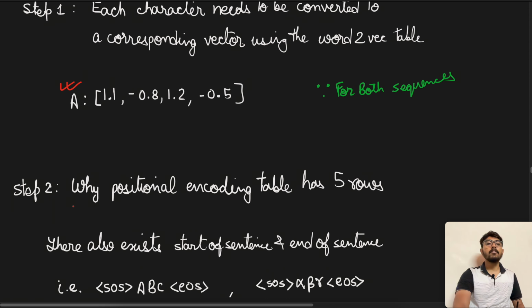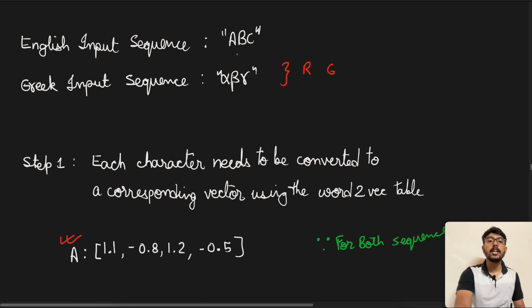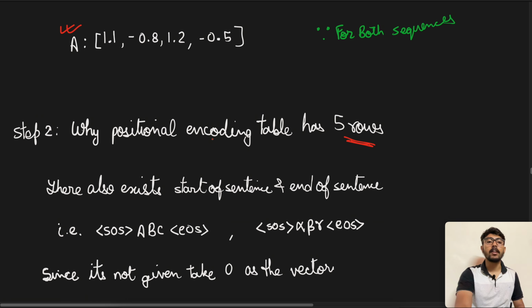Next we see that we have a positional encoding table that has 5 rows, but in reality we have only 3 tokens A, B, C and alpha, beta, gamma, right? So 3 encodings would have been done, but this is not the case because there also exist start of sentence and end of sentence characters. So when we say ABC and send it to the self attention, there is also a start of sequence and an end of sequence character.